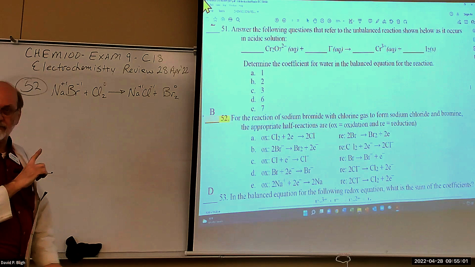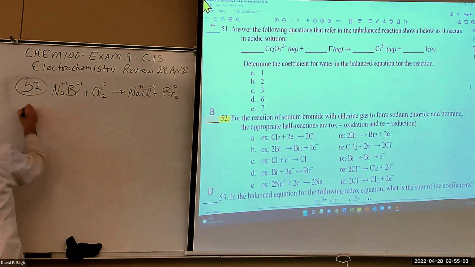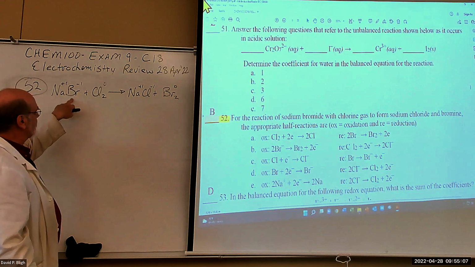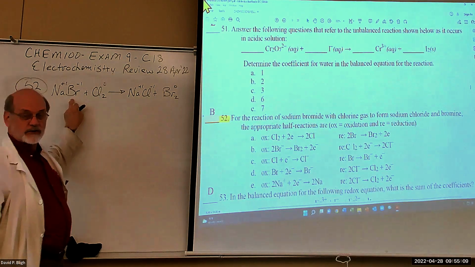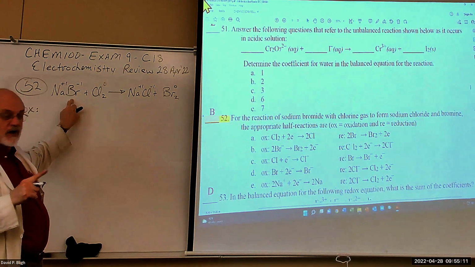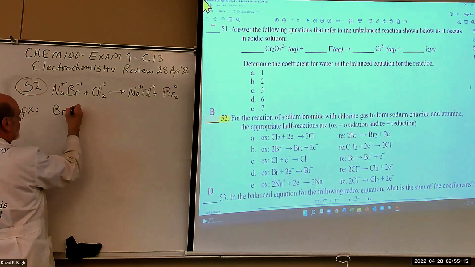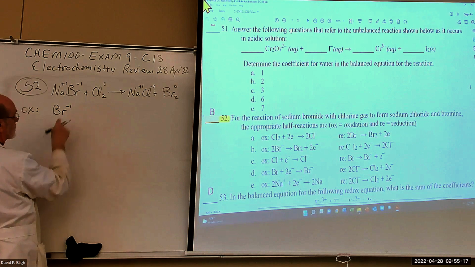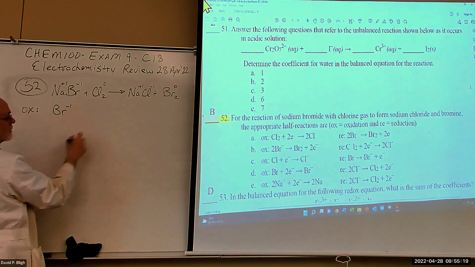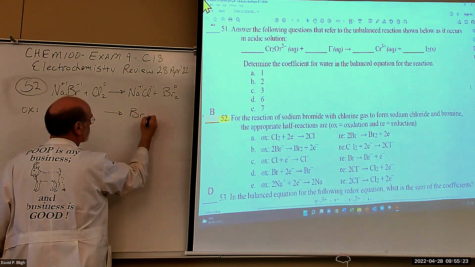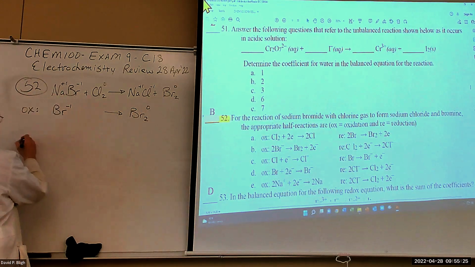They want oxidation first. So let's do the oxidation. Okay. So bromine is oxidized. It goes from a -1 to a 0. It lost an electron. So bromine -1, that's an ionic compound, so we can do that. Goes to bromine there.